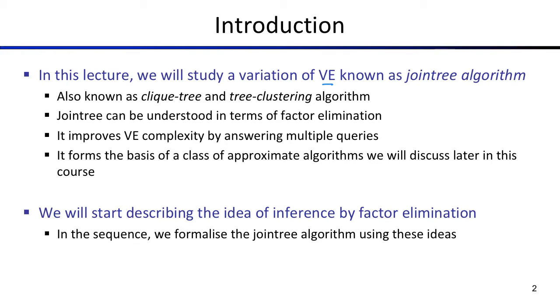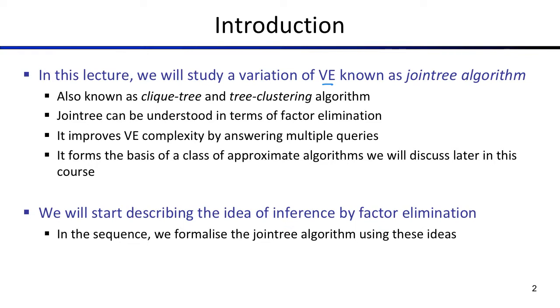But the Jointree algorithm creates a data structure that we call the Jointree that will store the answers for different queries. So we're going to use that data structure to answer multiple queries over different parts of the network. That is the main benefit of using the Jointree algorithm instead of the variable elimination algorithm.